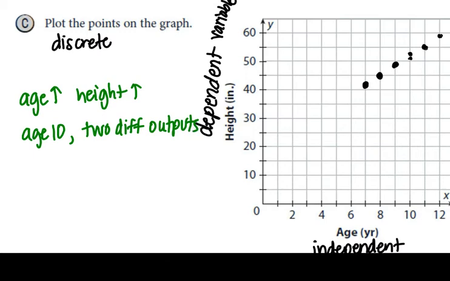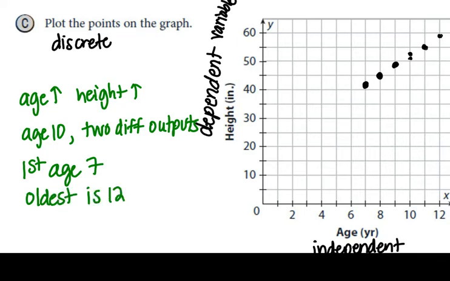So the boys that they measured here, they had two that were at age 10, but all the other boys were different ages. The first age is a 7-year-old, and the last age would be a 12-year-old, so the oldest child is 12. So these are all different things that we can think of.